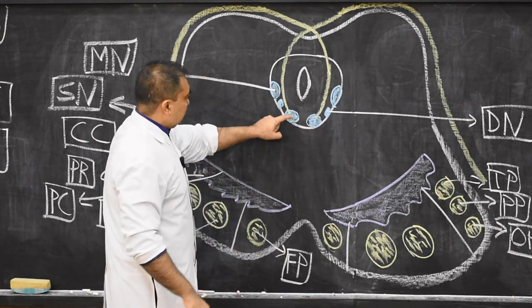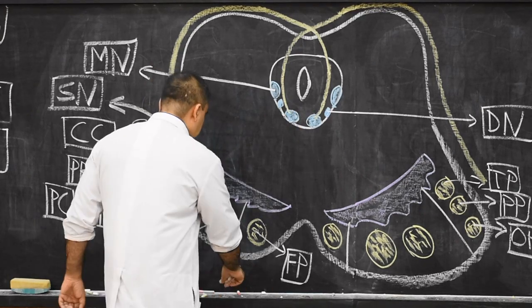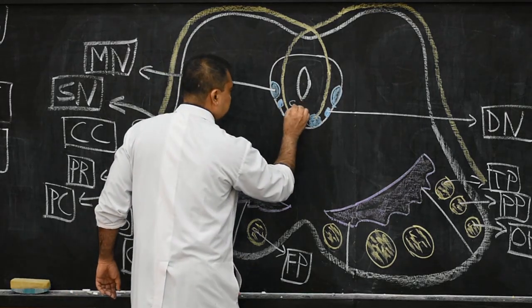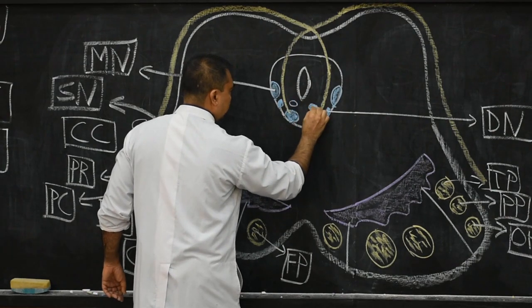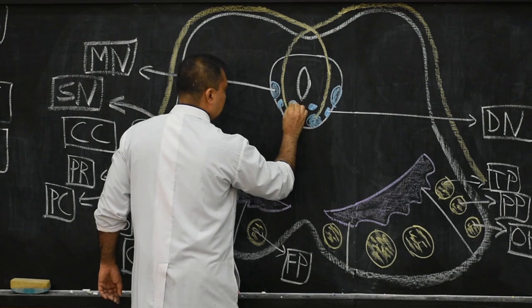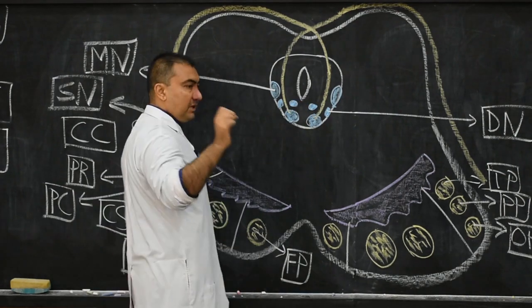Then, just above the trochlear, behind the trochlear or dorsum to the trochlear, there is another nucleus which is present here, a very small nucleus. This is very important, and this nucleus will be known as dorsal tegmental nucleus. Please note down.